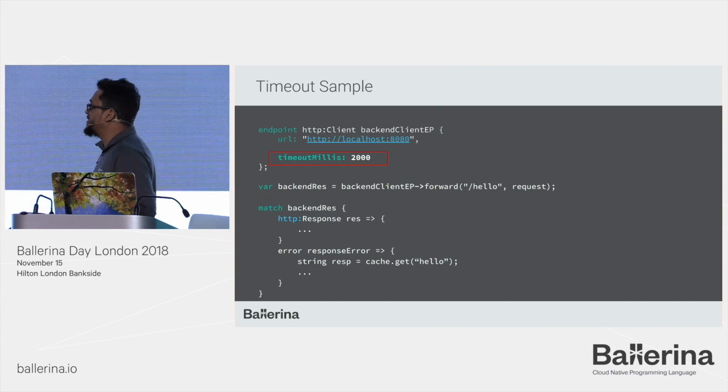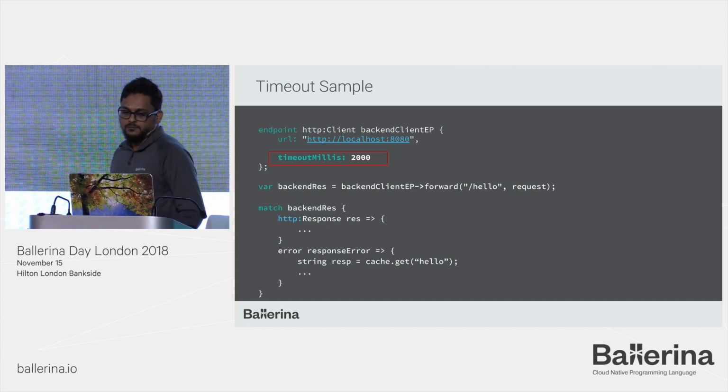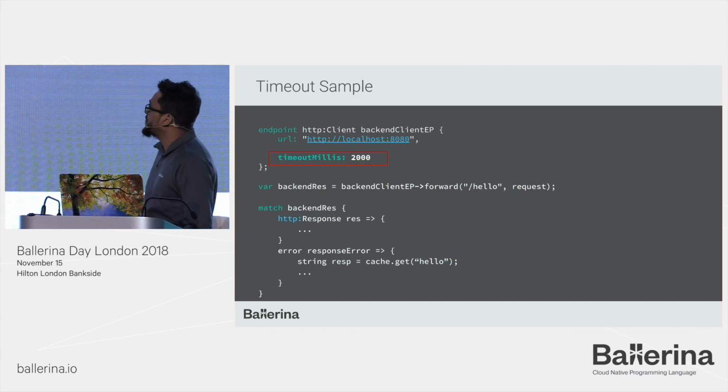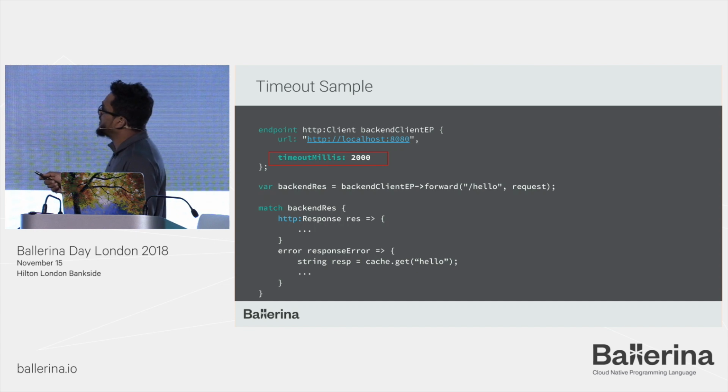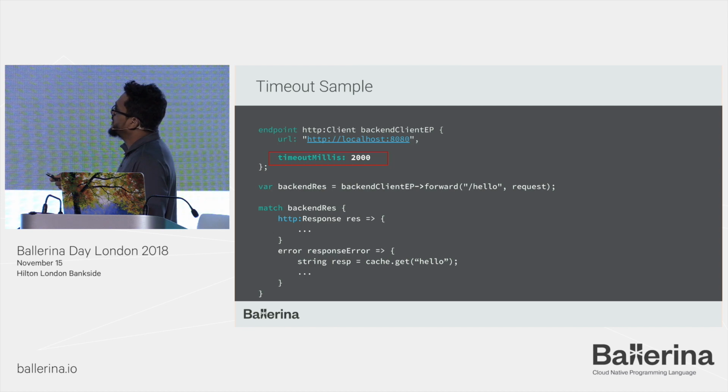This is a code segment where we are having timeout. If we look at this code, the important bit is we are declaring an endpoint. We are going to talk to this particular URL, localhost 8080, and we are declaring the timeout to be 2 seconds.